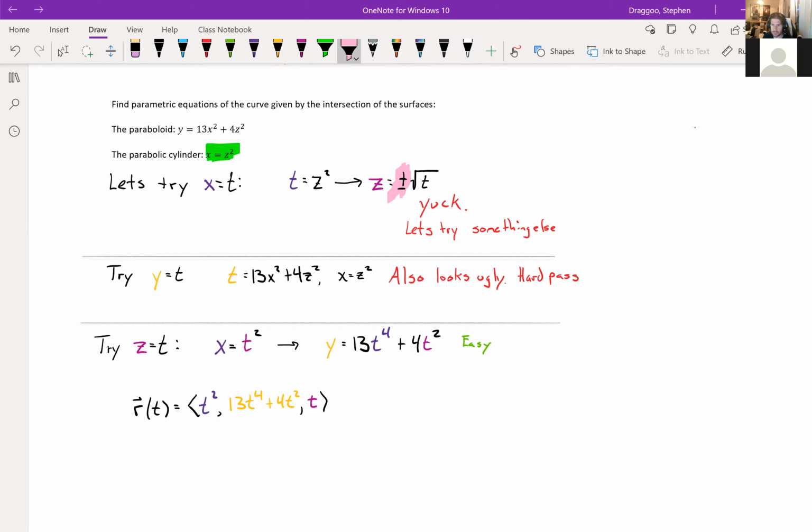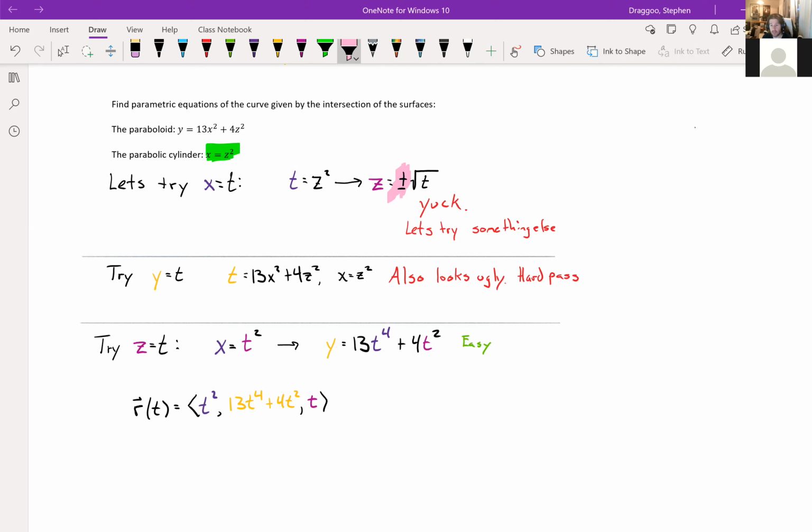So the other option, let's try z equals t. Going about it that way, I get just x equals t squared. So now I've got two particularly nice looking equations, z equals t, x equals t squared. I notice I don't run into the plus or minus this time because I didn't need to take a square root.